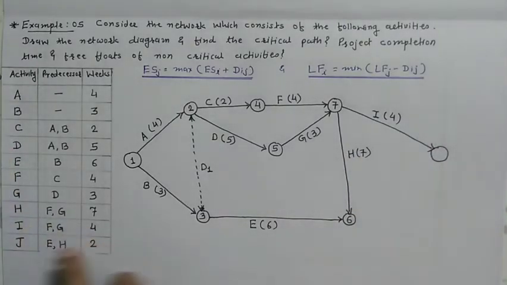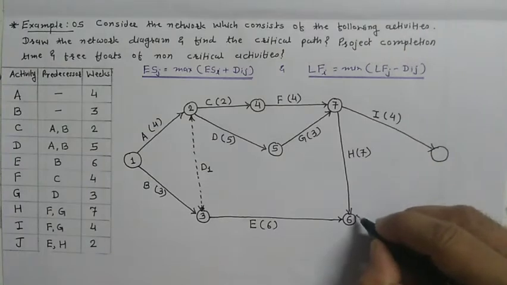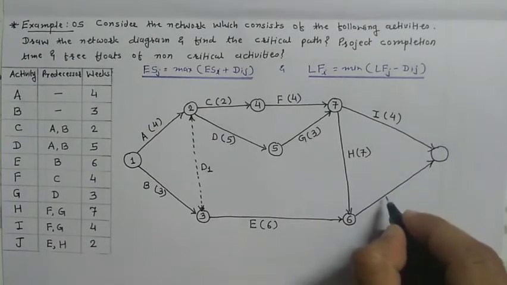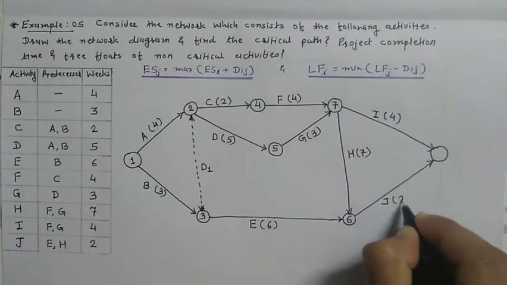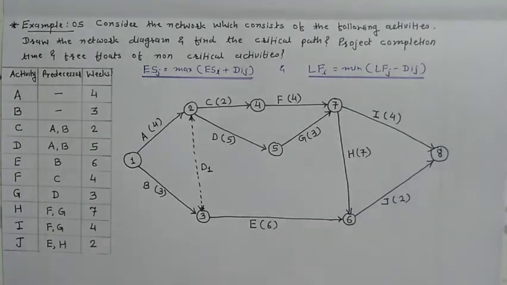And this is activity J, predecessors E and H, so I will start the activity over here. This is activity J and the duration is 2. And this is the last event, event number 8.